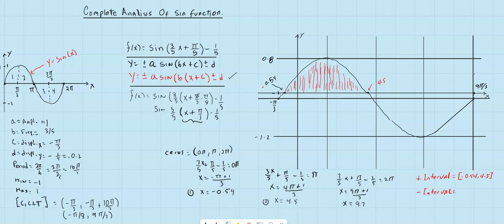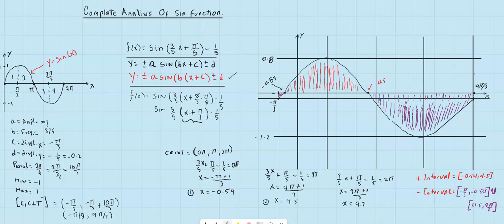All of this right here is going to be my negative interval, and it's going to go from negative pi over 3 to negative 0.54, union from 4.5 to 9 pi over 3. And those are my positive intervals.